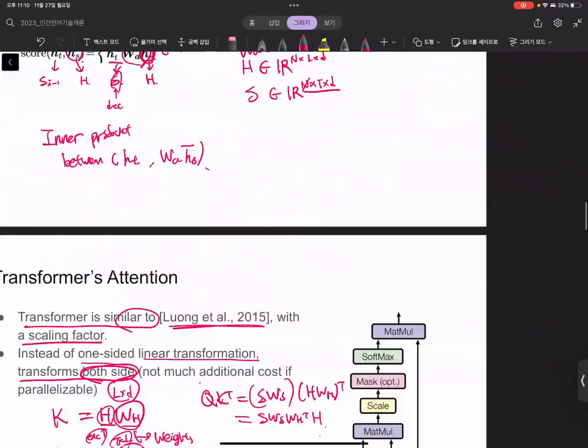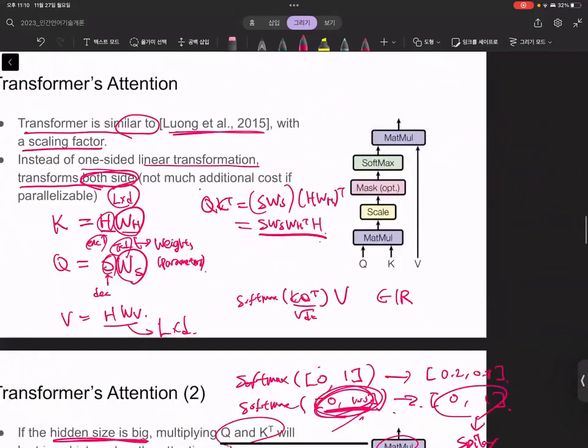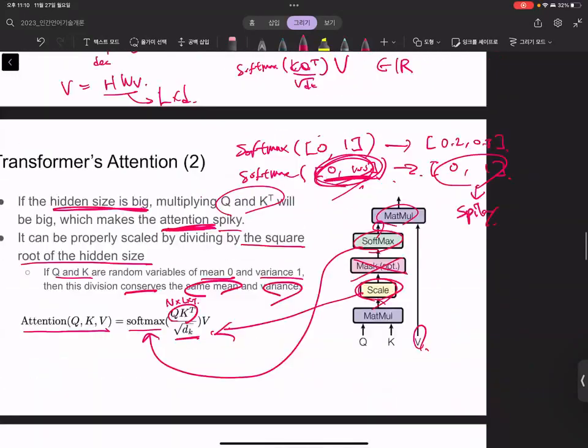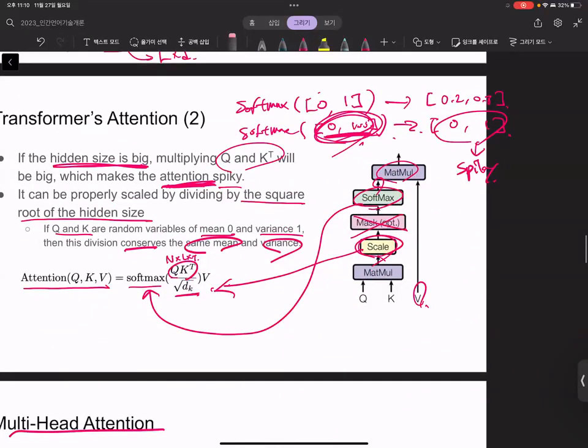Anyway, this is SWH, and the sizes are: this is T, this is L. So T by L. So this is N by T by L, and this is L by D. So finally, the size of the attention is N by T by D.